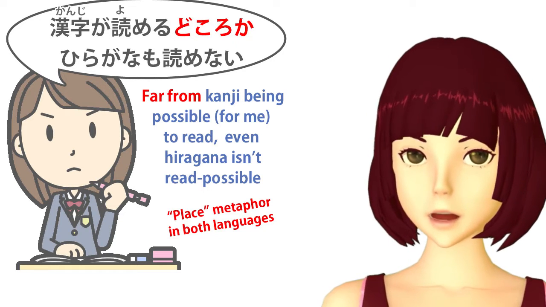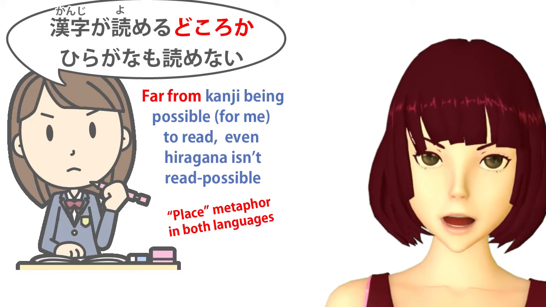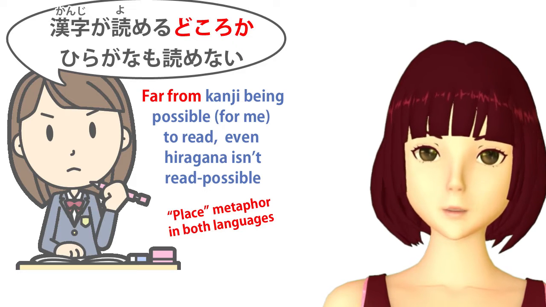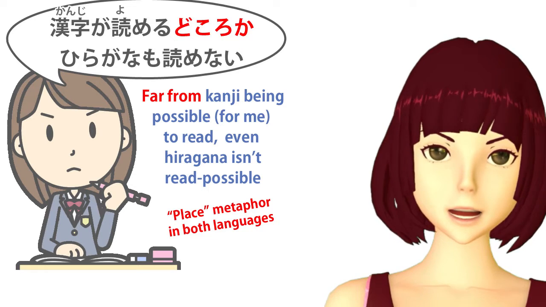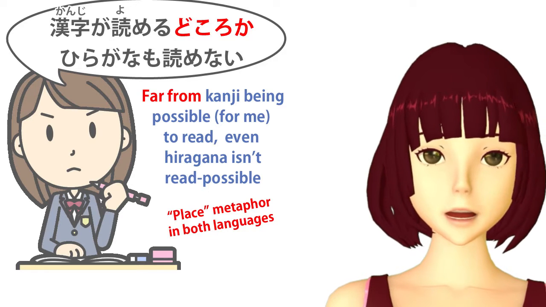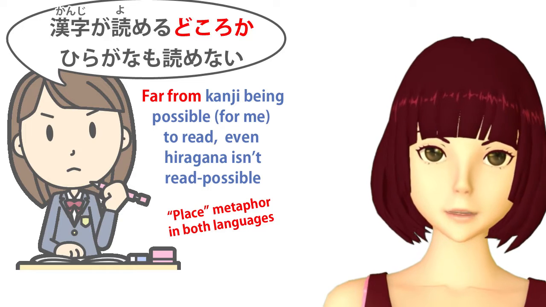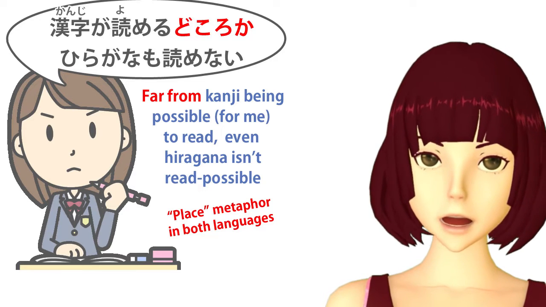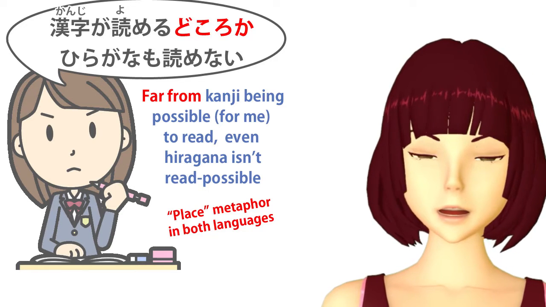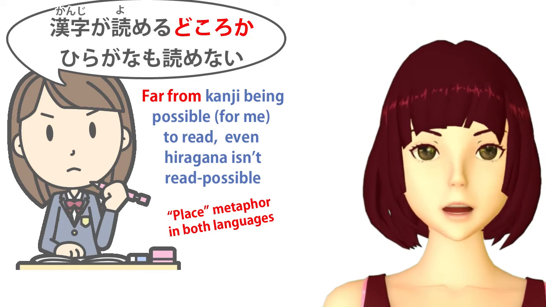What's dokoroka doing here? Well, of course, it's negativizing, just as we've already seen that it can, but it's also using the concept of place, dokoro, that's to say conceptual space rather than literal place. We're saying, not only can't I go as far as reading kanji, I can't even get to the point of reading hiragana. That's the metaphor that's being used here.